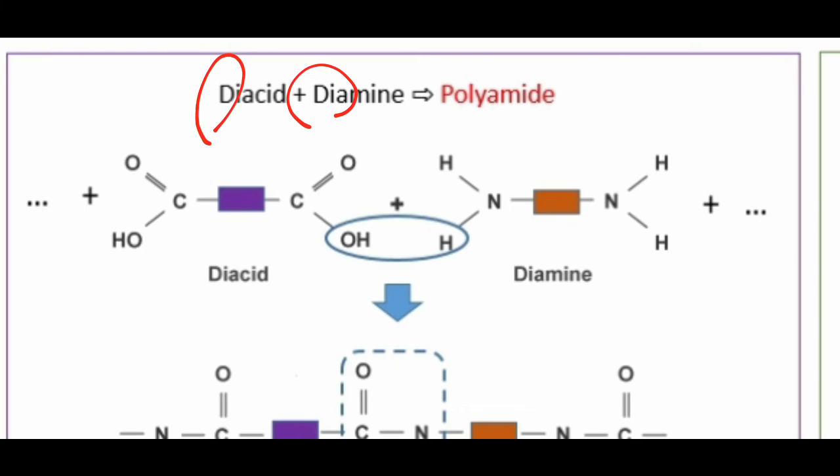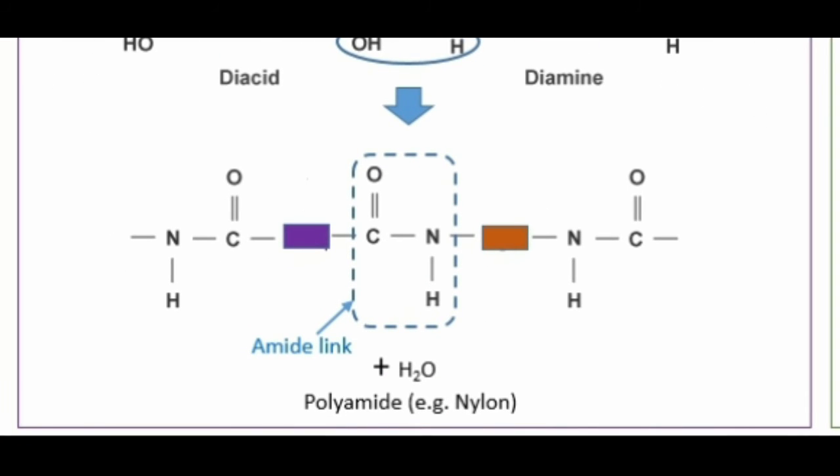This is because to create a polymer using condensation polymerization, we need two reactive ends, and in this case, it's the H's from the diamine and the OH's from the diacid. The diacid's OH reacts with the diamine's H, and then the final polymer is formed. There will be more on the other sides, and an amide link in this case is formed, and the small molecule that is formed is H2O.